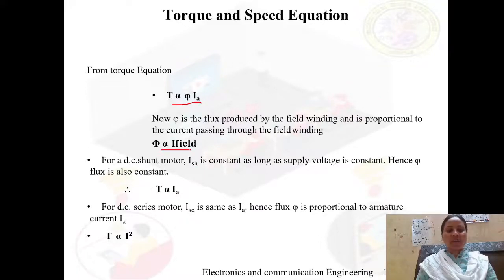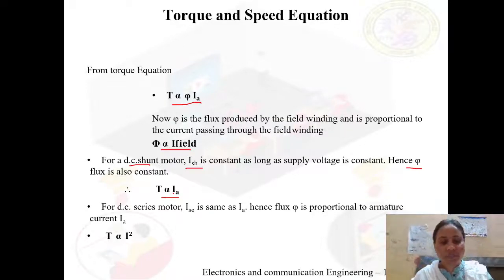So flux is directly proportional to the field current. In the case of a shunt motor, the flux produced depends on the parallel field current, that is ISH, and therefore we can write torque proportional to ISH or IA, but flux will be constant in the case of a DC shunt motor, because as we keep the supply constant, there will not be any change in the flux. Hence, T is directly proportional to IA in the case of a shunt motor.